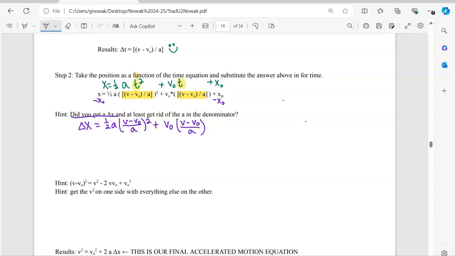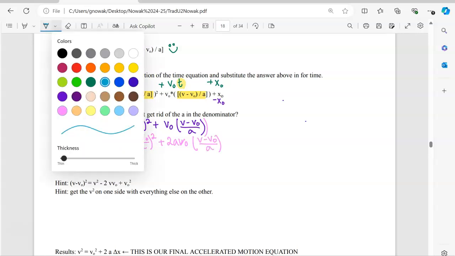Next step, I do not like having anything in my denominator, so I don't want to deal with any fractions. So I'm going to multiply everything by 2a. Then I'm left with 2a delta x equals 2a times 1/2 a times v minus v naught over a squared plus 2a times v naught times v minus v naught over a.